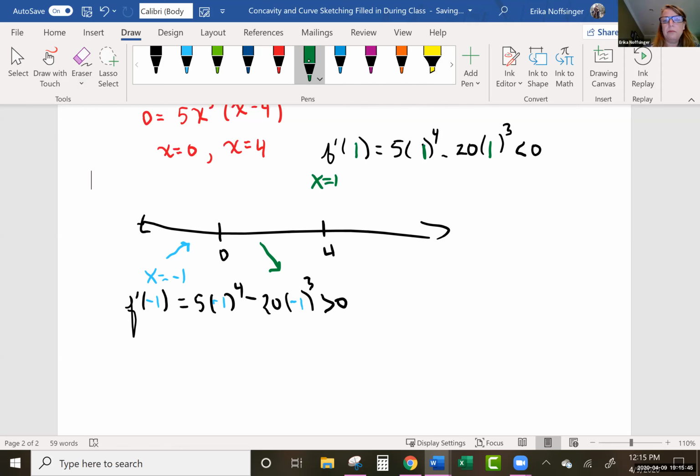And then choose one more number, so x equals 5. Plug it into the derivative. So we have 5 times 5 to the 4th minus 20 times 5 cubed.